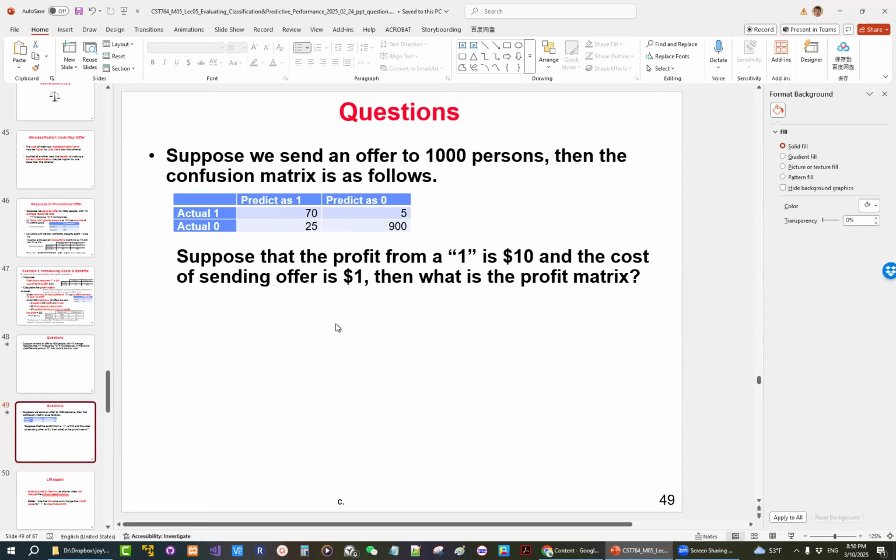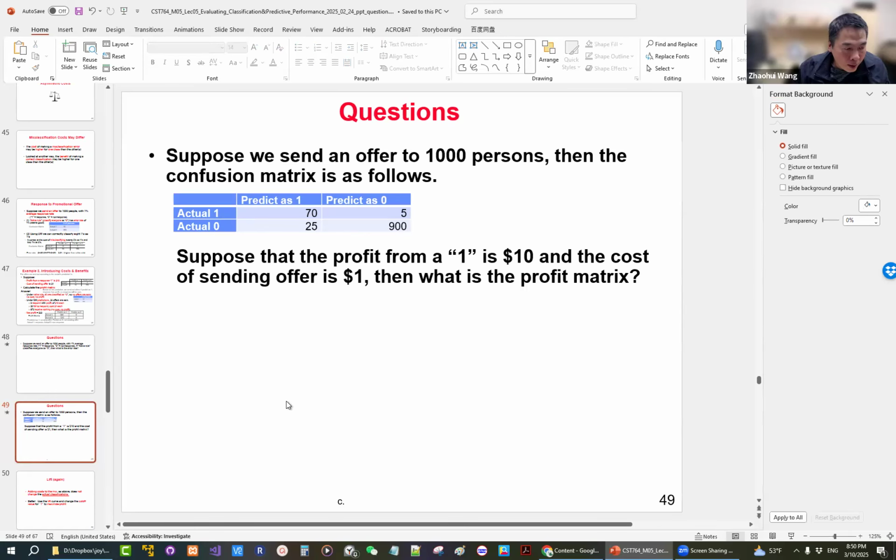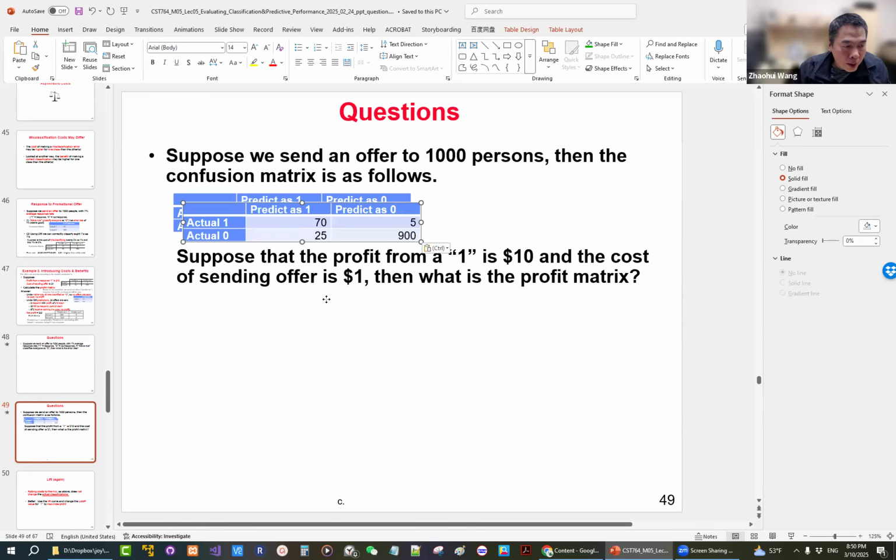Is that 675? Why 675? Can you share your screen? Oh, I did it in my head. If the profit is $10 from a 1, that should be 70 times 10, which will be 700.